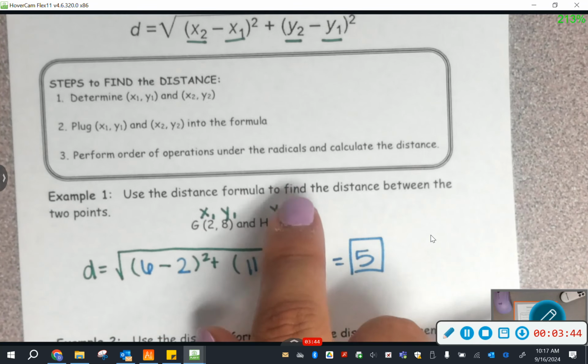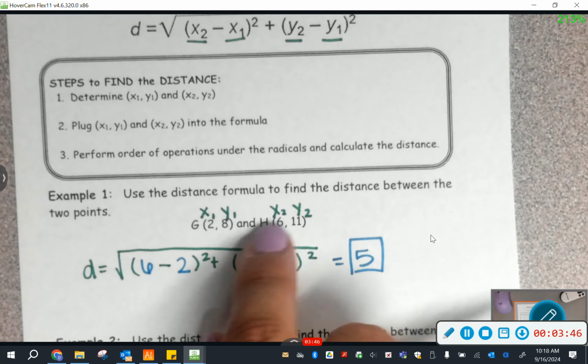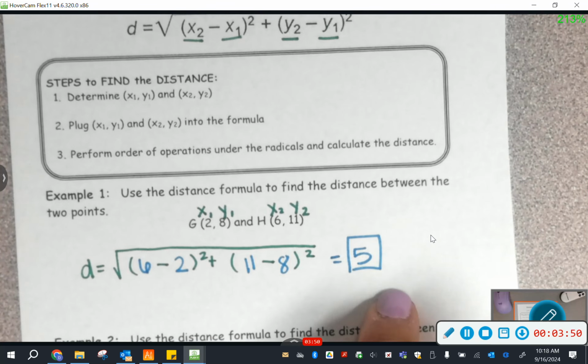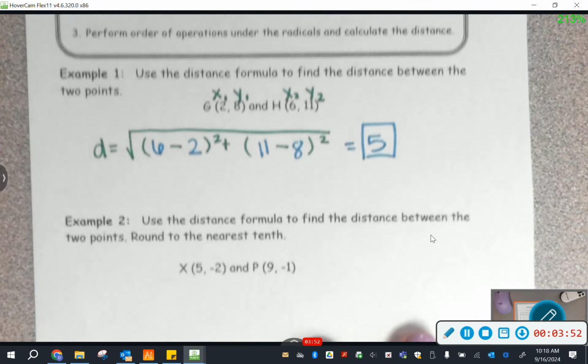Today on your worksheet, I'm expecting 3 things for every problem. I want you to label, I want to see you plug in, and I need an answer. So you do number 2.